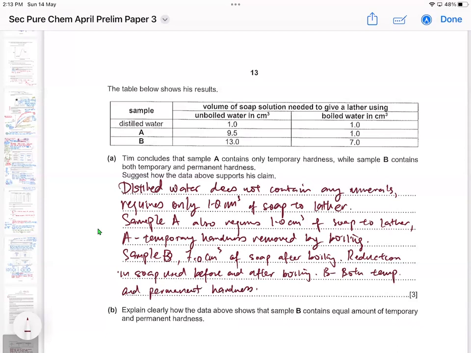Okay, so by looking at the soap value. Any questions for this? If not, I go to B.